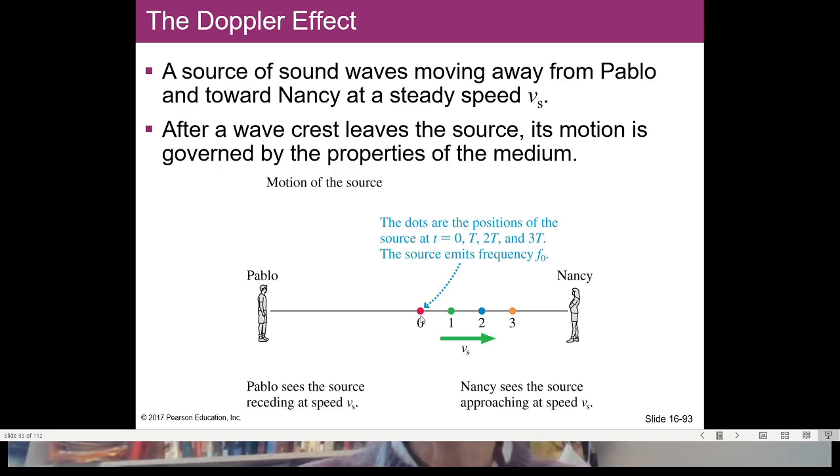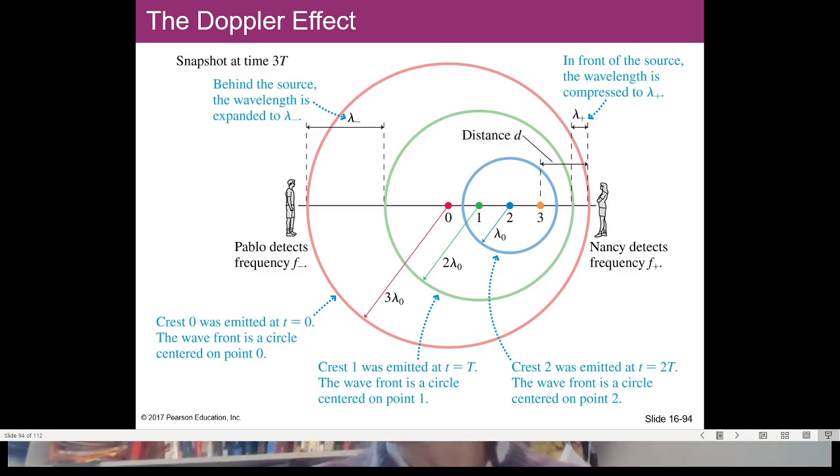But suppose that Nancy is moving, or you're moving, or the source is moving. Well, in that case, the speed, depending on the properties of the medium, is going to be different, and the frequency is going to be different. Okay, so here's a lovely picture that shows this.